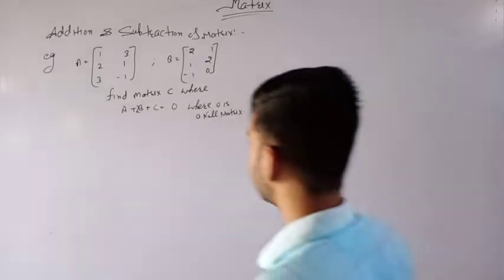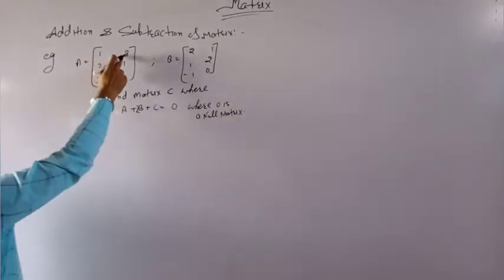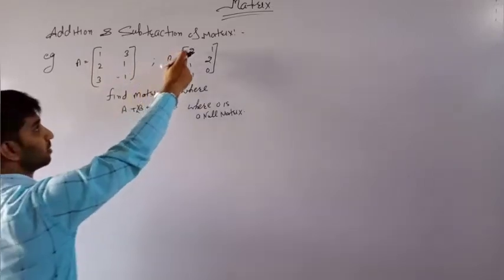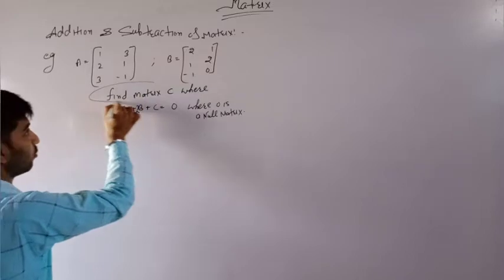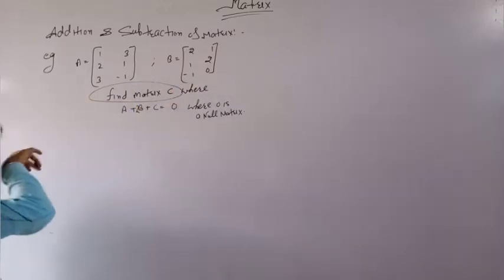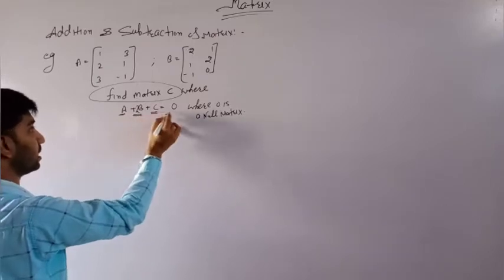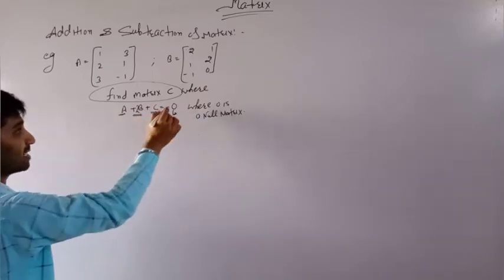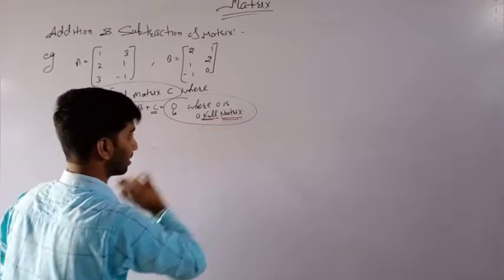So students, our next example is that matrix A is 1 2 3 3 1 -1. Matrix B is 2 1 -1 1 2 0. Find matrix C, where it is given that A plus 2B plus C is equal to 0, and 0 is a null matrix.